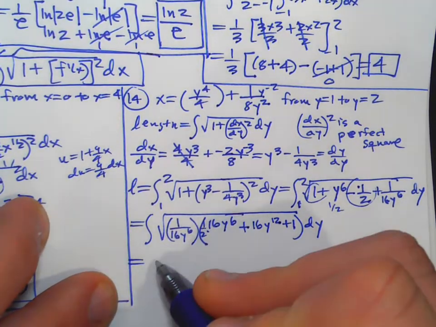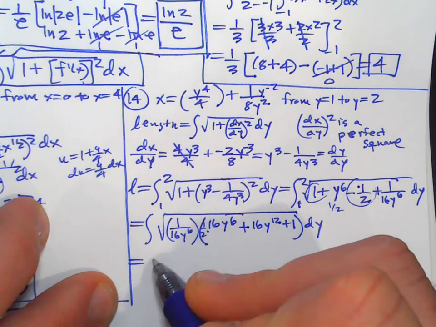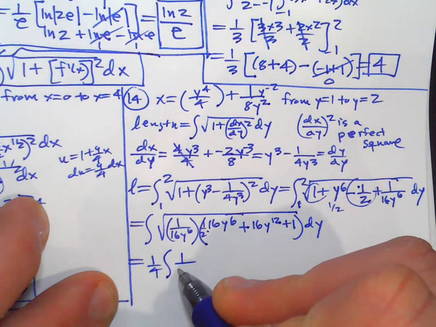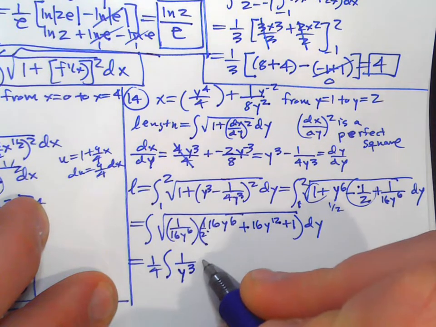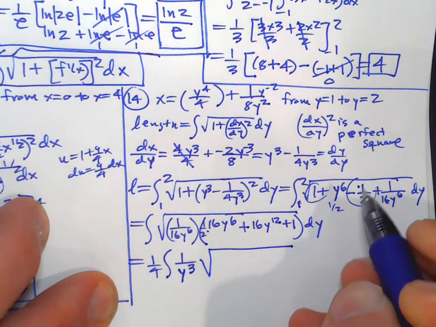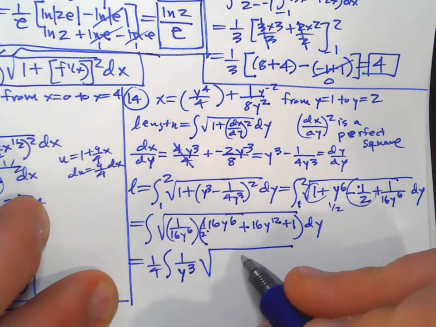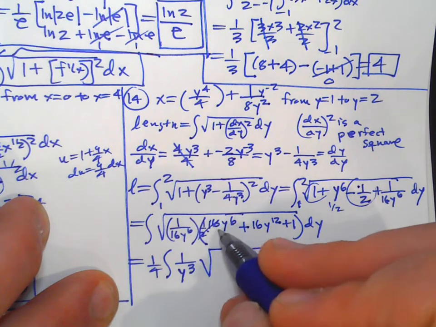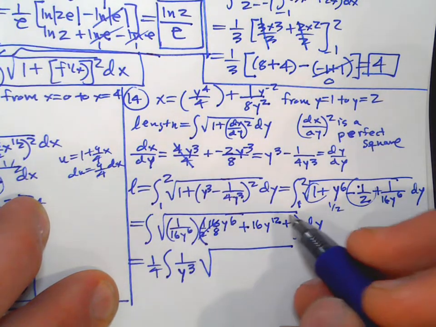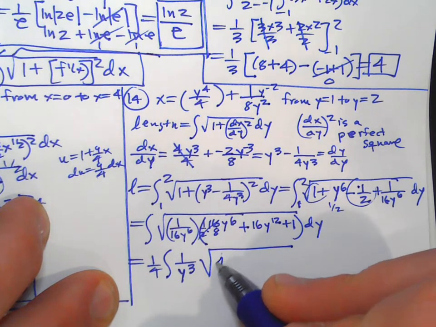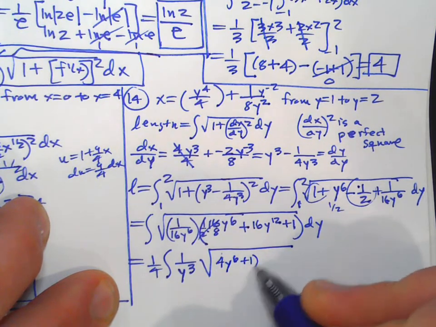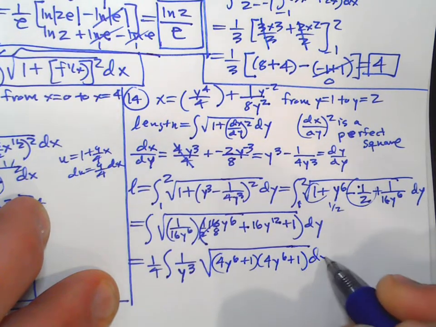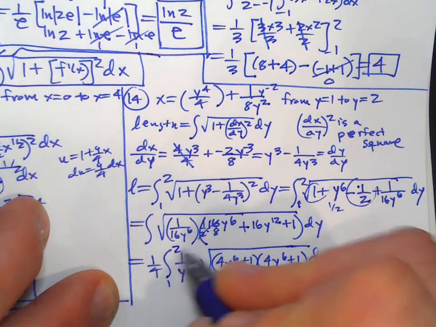So now we take the square root of 1/16 out. That's a 1/4 in front now. And then we have a 1 over y to the 3rd. And then this is going to be 4y to the 6th plus 1, 4y to the 6th plus 1, still going from 1 to 2.